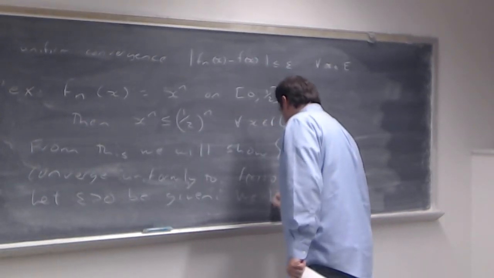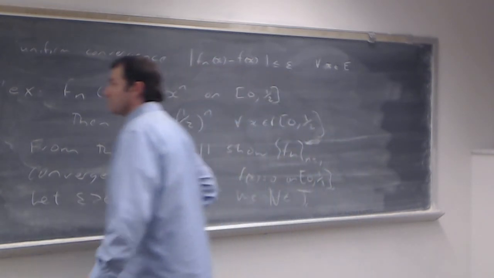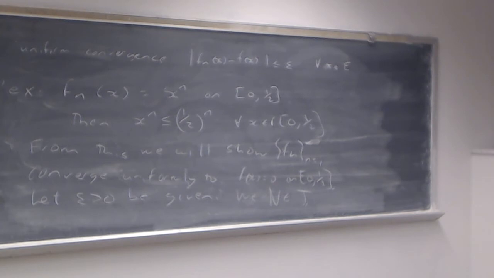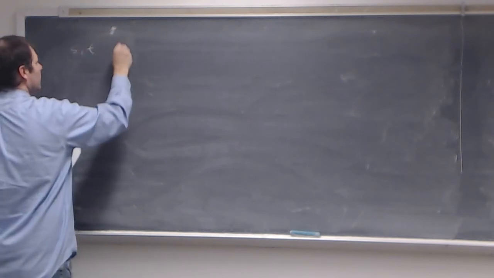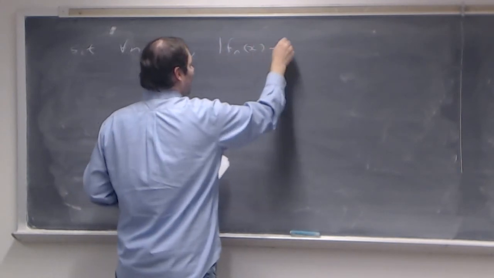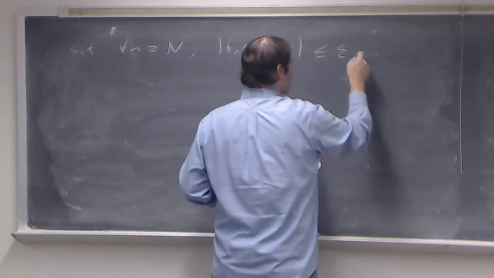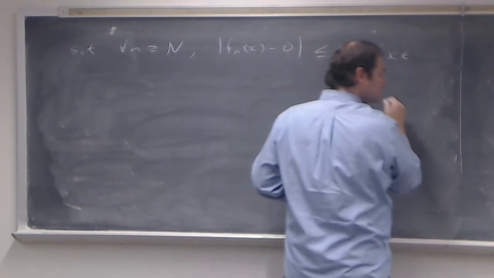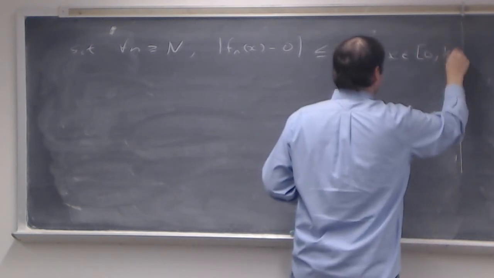We need an n, an element of the natural numbers, such that for all n bigger than or equal to big N, the absolute value of f sub n of x minus 0 will be less than or equal to epsilon, and that's for all x in 0 to 1/2.